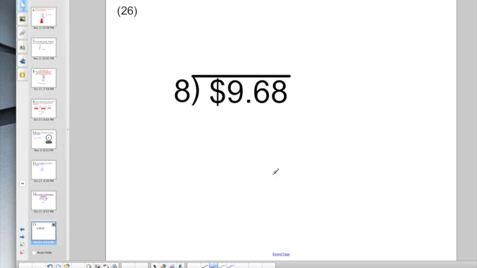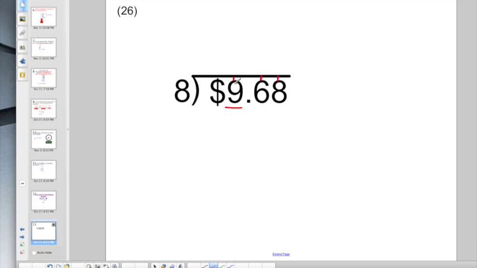Check out these guys. A quick word. Let's take a look at the dividend right now, right? I still recommend underlining the number you're going to divide into. If I'm going to start at the 9, I'm going to need one number up here, another number here, and another number here.